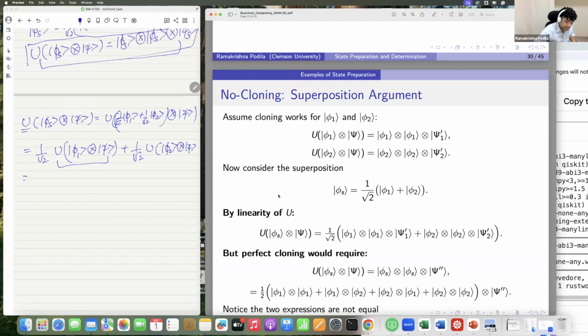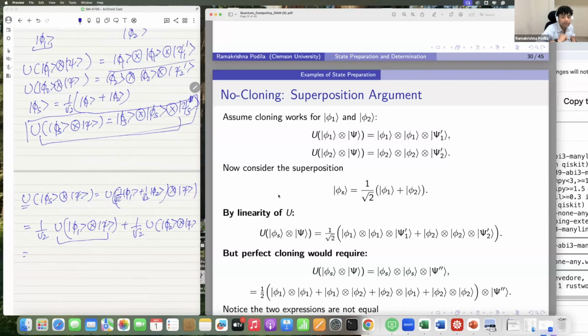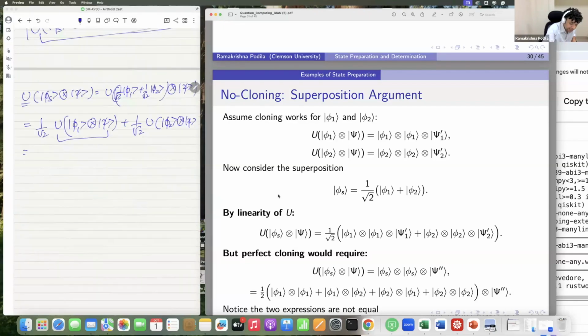We have seen that phi 1 is copied and the device goes into an n minus 1 particle state with psi 1 prime. So I can write this as 1 over square root 2 phi 1 cross phi 1 cross psi 1 prime, and similarly 1 over square root 2 phi 2 cross phi 2 cross psi 2 prime.